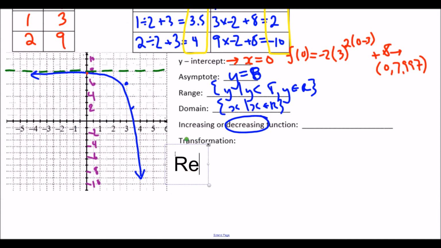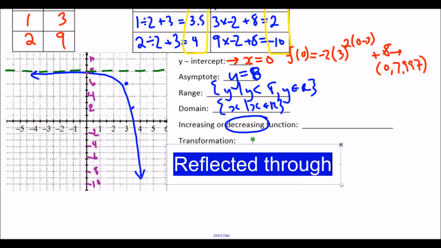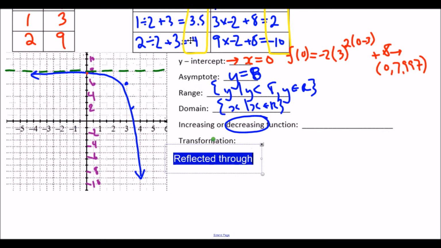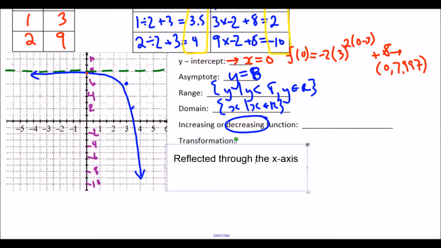Reflected through the x-axis, vertically stretched by a factor of 2. Those are both from A.